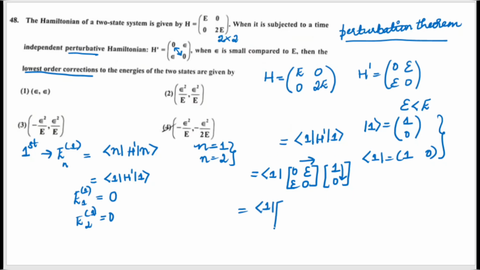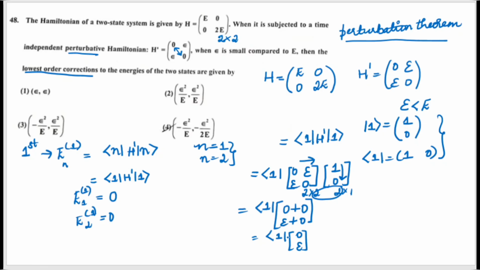Now 0 into 1 is 0 plus epsilon into 0 is 0, epsilon into 1 is epsilon plus 0 into 0 is 0. Here it is a 2 cross 2 matrix, here it is 2 cross 1, right? The result we need to get is in terms of 2 cross 1. So we got h prime ket of 1 equal to 0 epsilon.